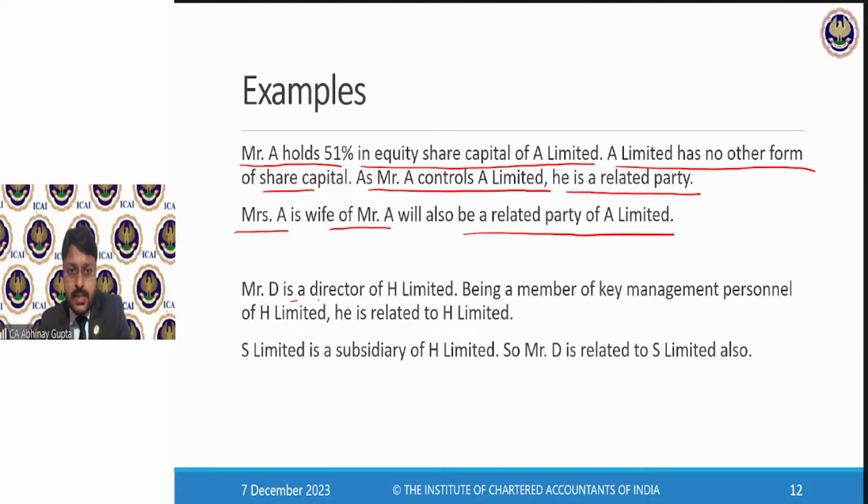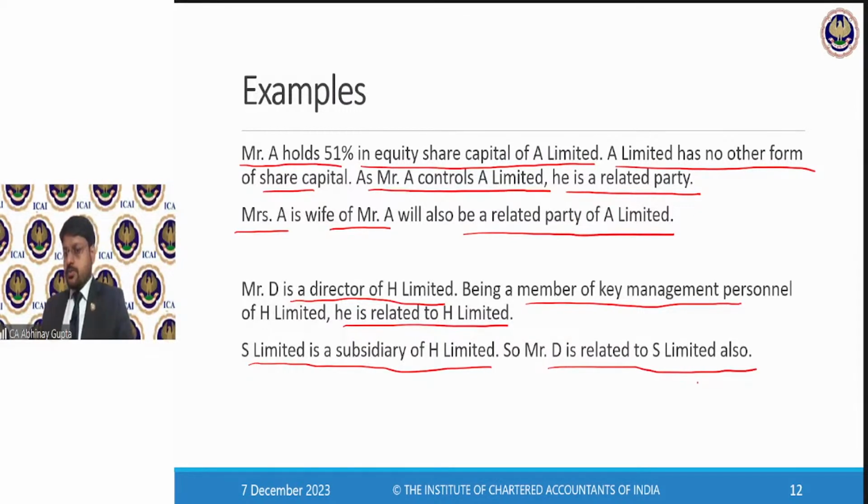Another example, Mr. D is a director of H Limited. Being a member of KMP, he is related to H Limited. S Limited is a subsidiary of H Limited. So Mr. D is related to S Limited also, because KMP of the parent is a related party to the subsidiaries, right?